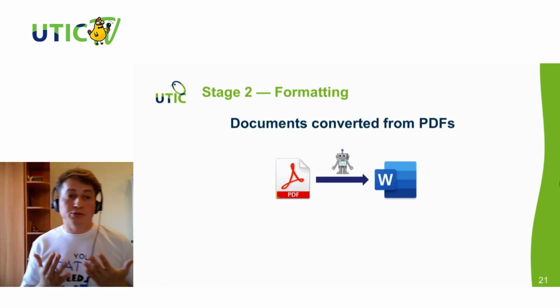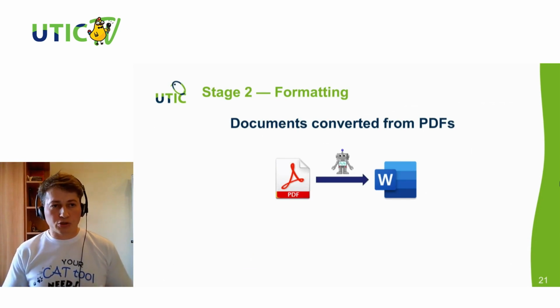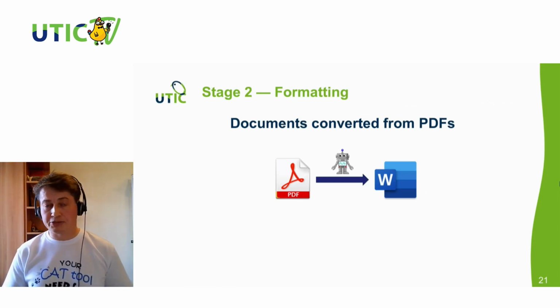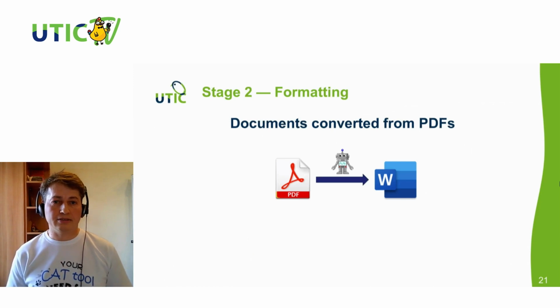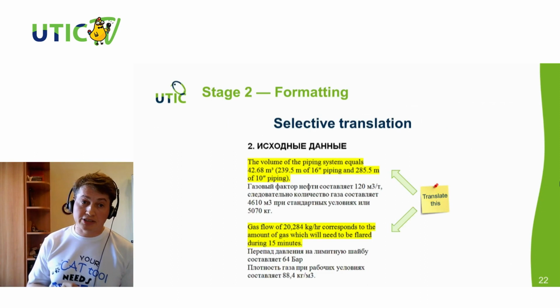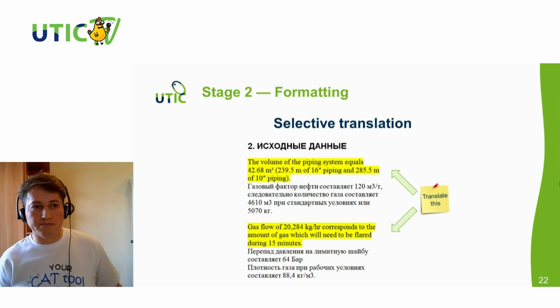Second, you need to format documents converted from PDFs. Such documents contain many formatting issues, which cause difficulties during translation, such as excessive tags. Third, if you need to skip some text during translation, you also need to hide this text from the capsule.